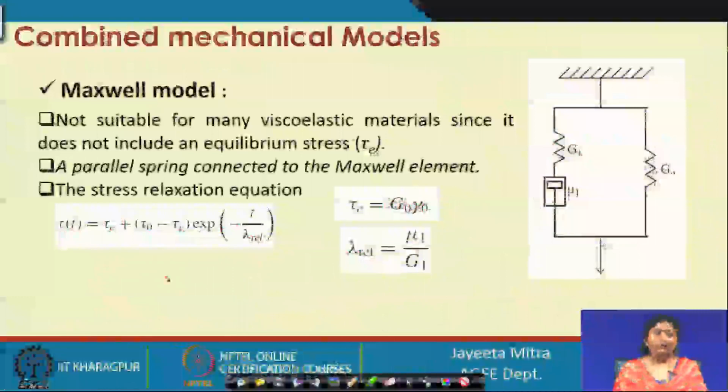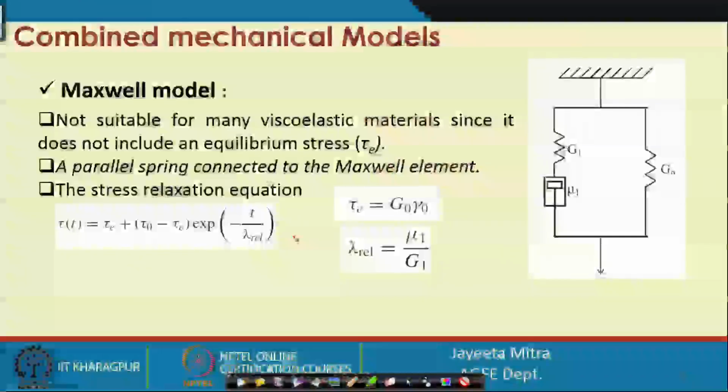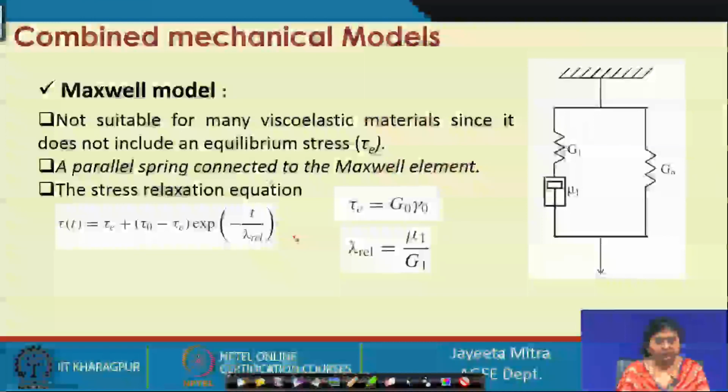Now, why is this? In many viscoelastic materials, it has been found that the full dissipation of energy may not happen; some may be retained inside the material because of the elastic behavior.